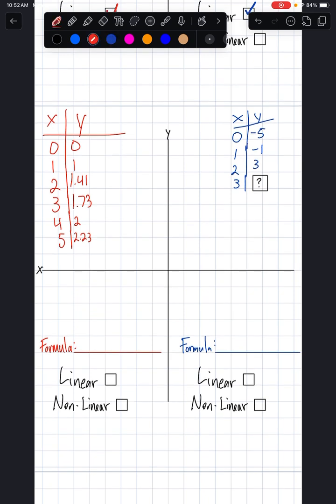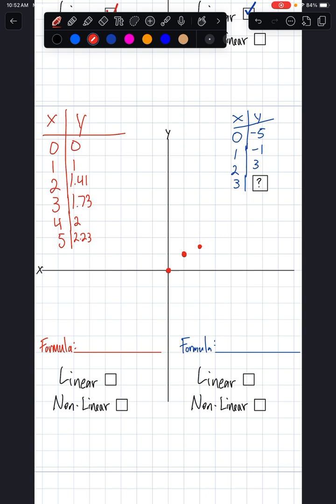So this on the right is going to be a funky function that you guys haven't seen before. So we got 0, 0, 1, 1, 2 and 1.41, which is, we'll say it's about right there.